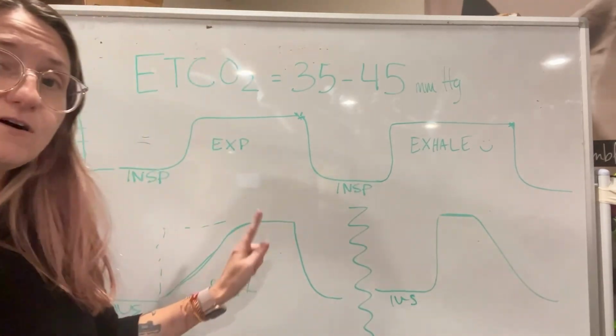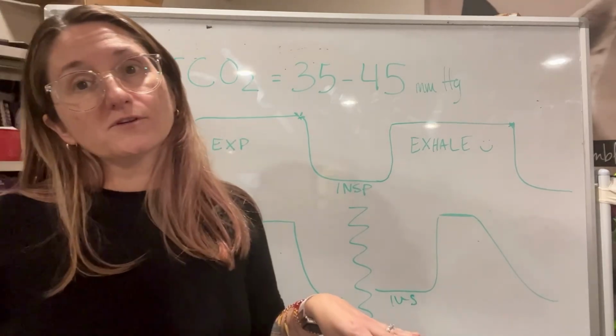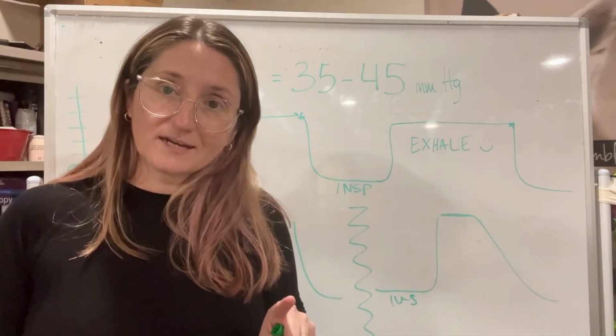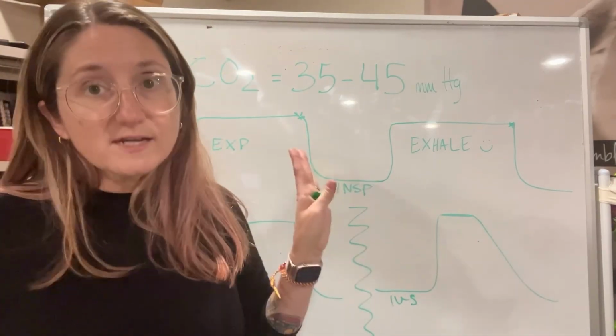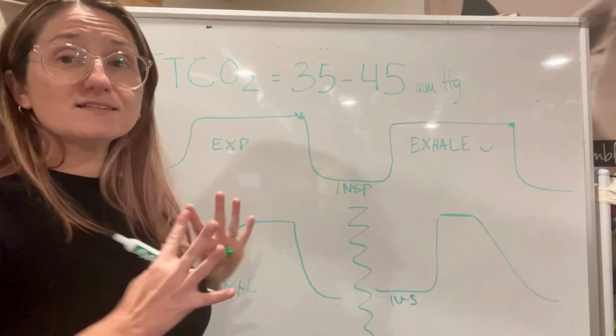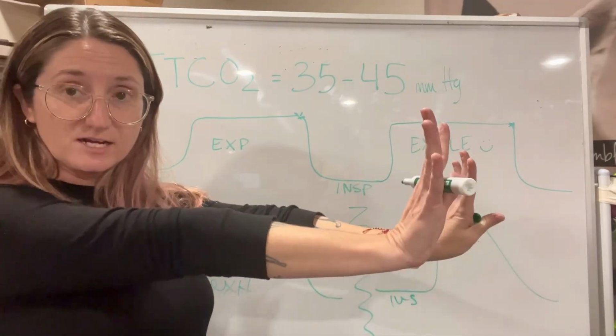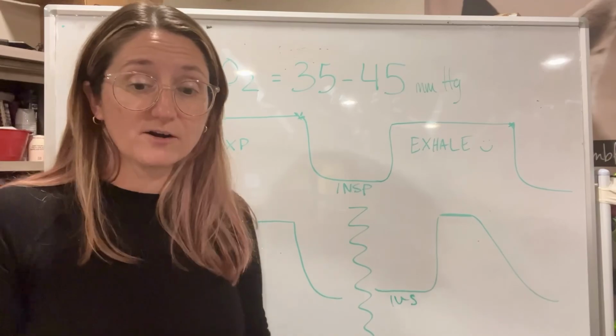Now, just a side note, and we can get into this further in another video, because remember, I want to keep these kind of short for you guys. Removing CO2, getting rid of that CO2 from the body, does require adequate cardiac output.